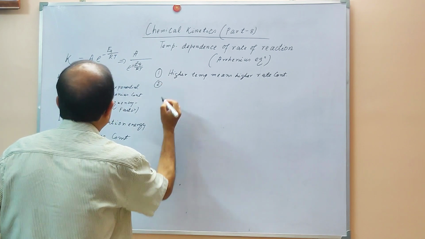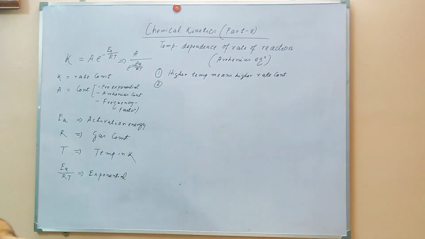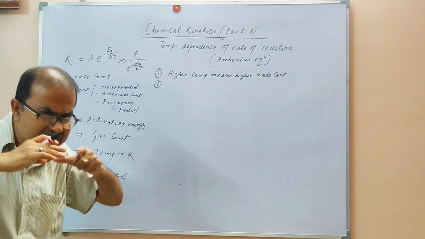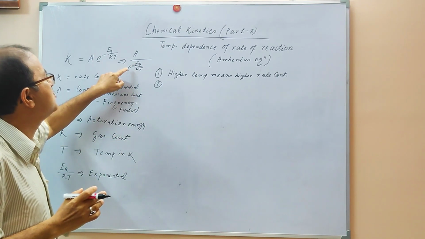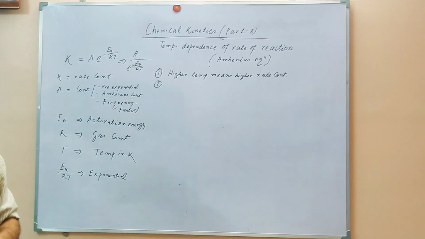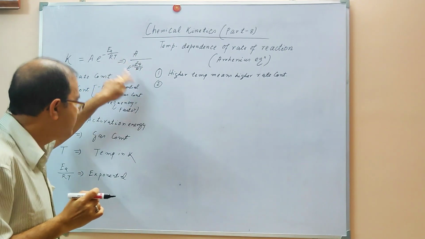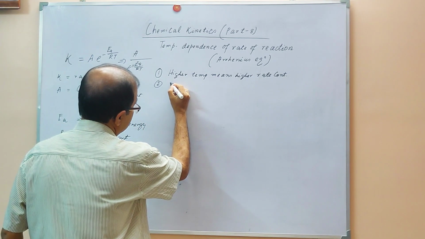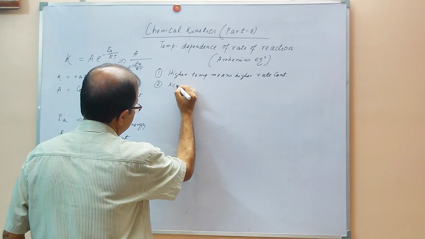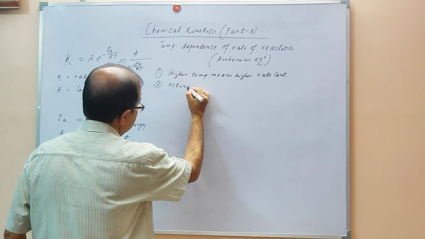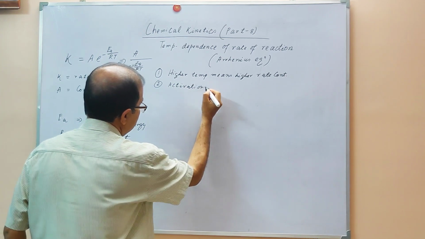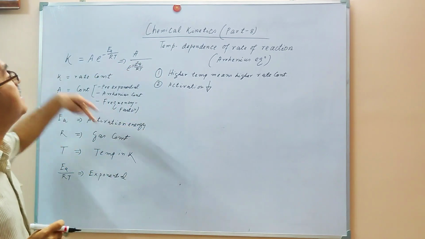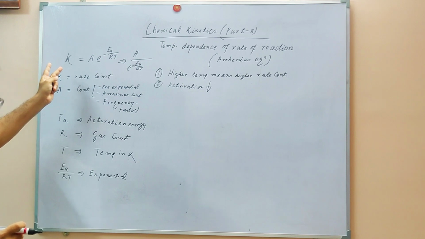Second thing, that is EA. If the activation energy decreases, then the negative exponent becomes smaller in magnitude, so K increases. If activation energy increases, then K will decrease.